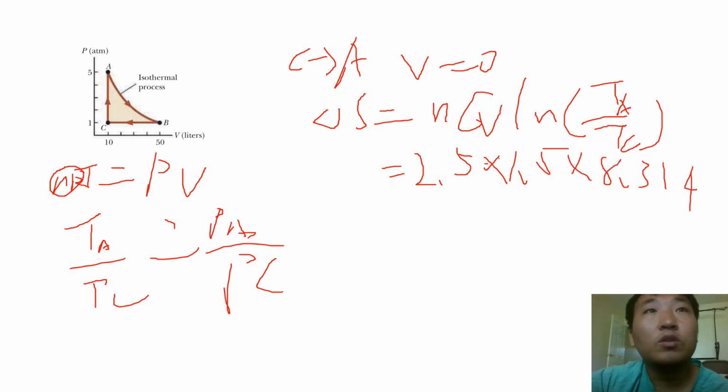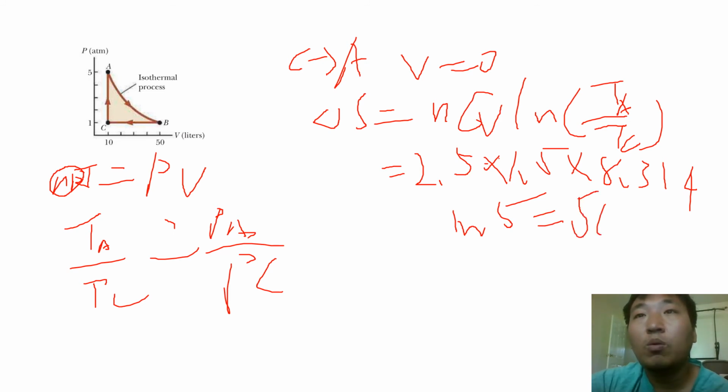And the temperature ratio is the same as PA to PC, and PA is 5 atm and PC is 1 atm. So this is literally log 5. Let me do it again.